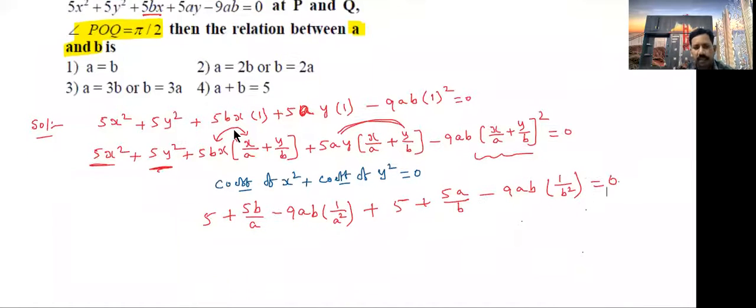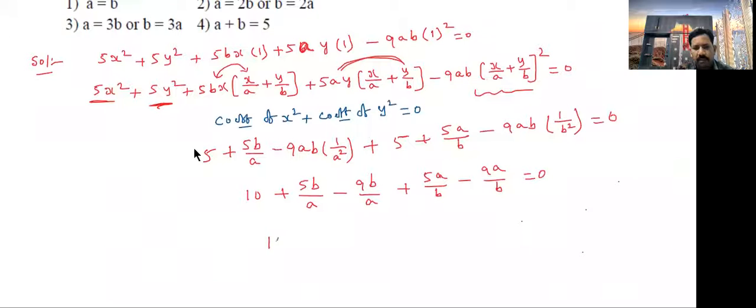Now students, calculate here: 5 plus 5, 10, plus 5b by a minus, here a cancels, 9b by a, plus 5a by b minus 9a by b, that is equal to 0. 10, here 5b by a minus 9b by a is minus 4b by a, minus 4a by b is equal to 0.